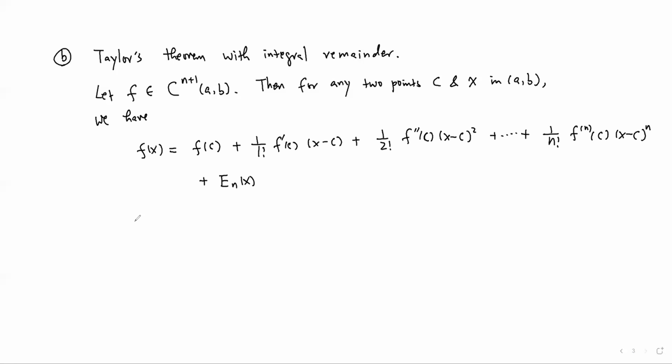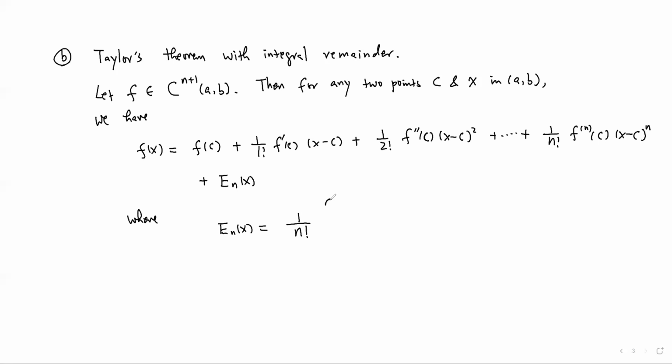Now the other term is an integral. E_n of x is 1 over n factorial. Pay attention. Here, it is not (n plus 1) factorial.